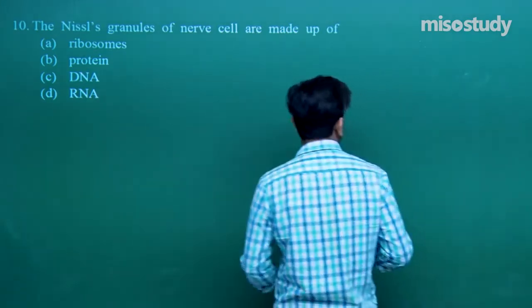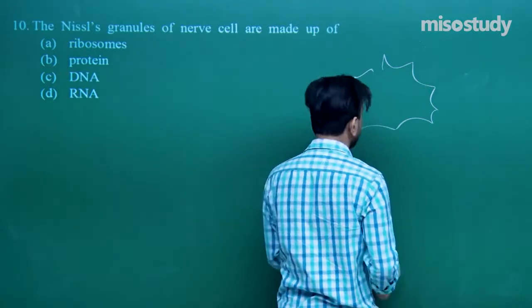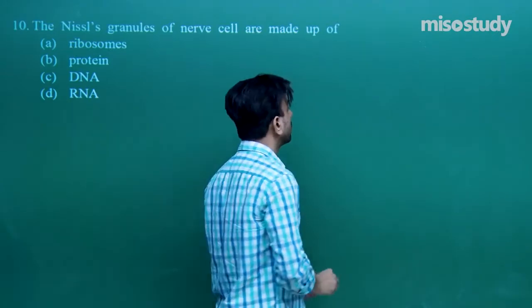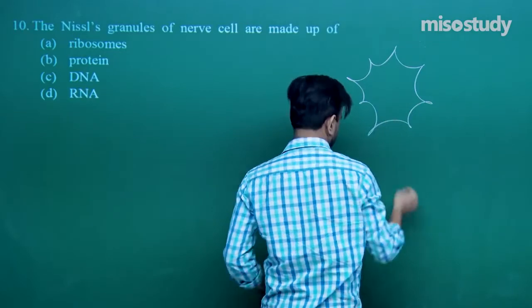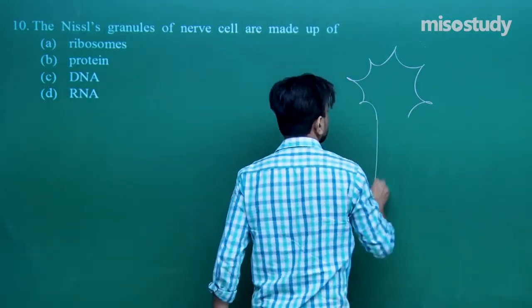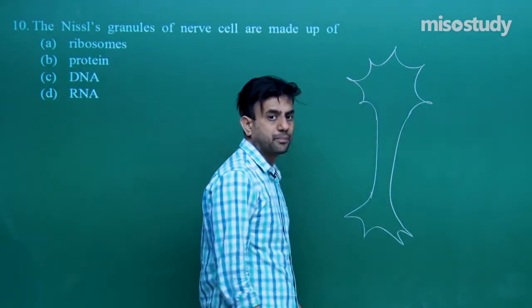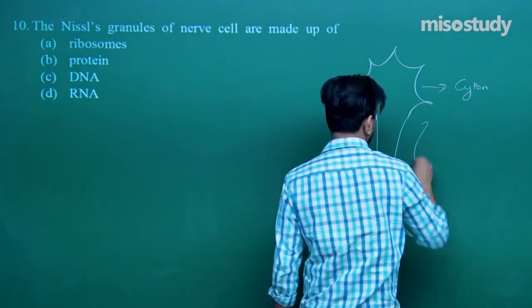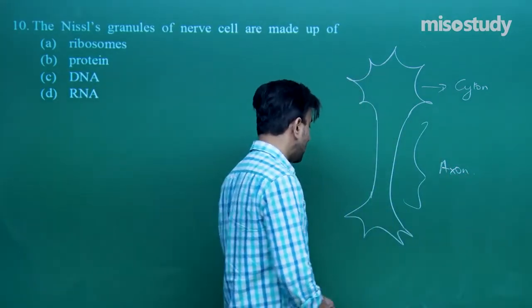Okay, so when we talk about the nerve cell or the neuron, this is the cyton, the axon.